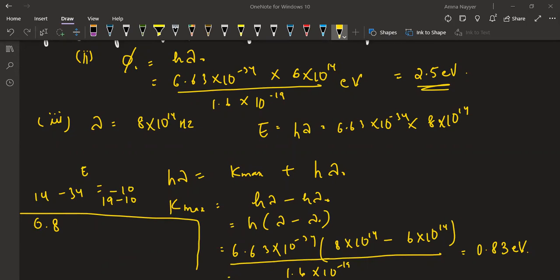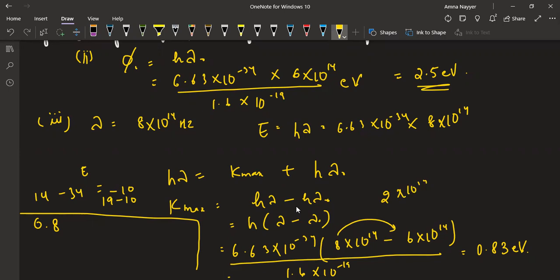Once you solve this part, 1.6 and 6.6, this becomes 0.8, right? So here when you put frequency as 10 to the power 14, and this got subtracted, this became 2 into 10 to the power 14. So this was 0.8 you're getting.